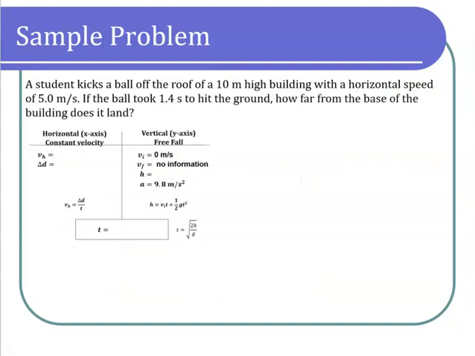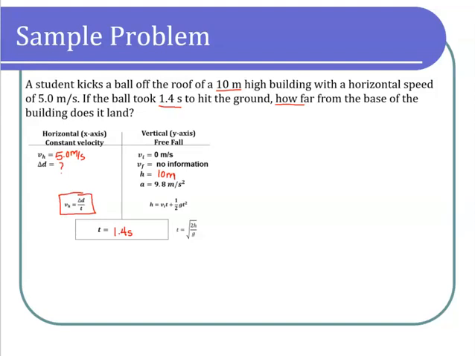The next example: a student kicks a ball off the roof of a 10-meter high building, so that's going to be our height, with a horizontal speed of 5 meters per second, which hasn't changed. If the ball took 1.4 seconds to hit the ground, how far from the base of the building does it land? How far from the base of the building is our delta D. So this time we are going to be using this equation.